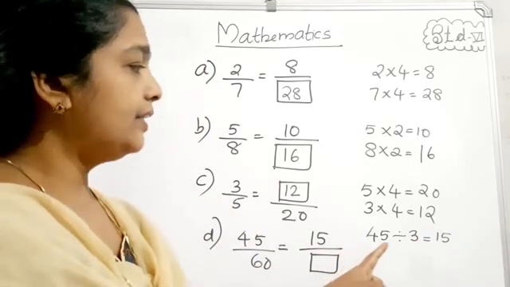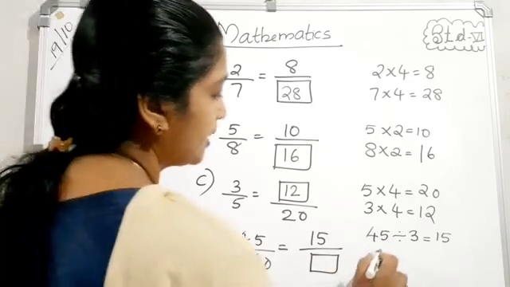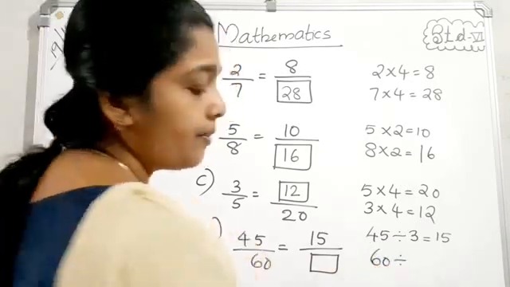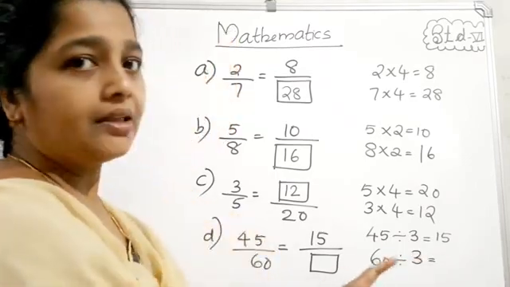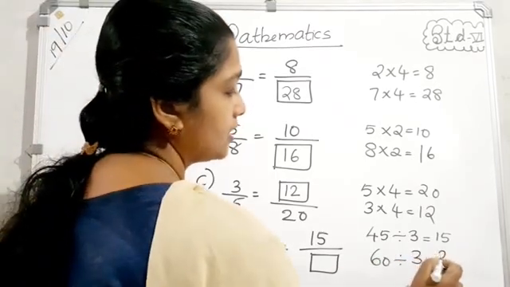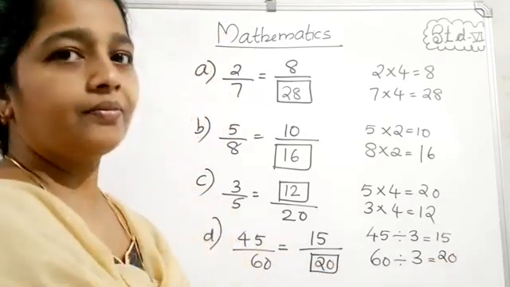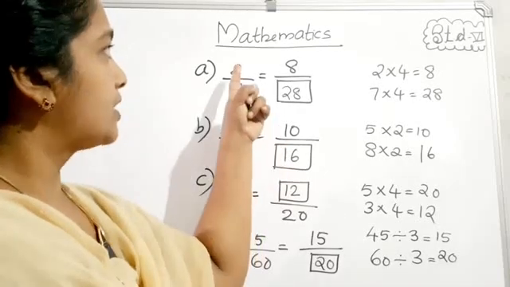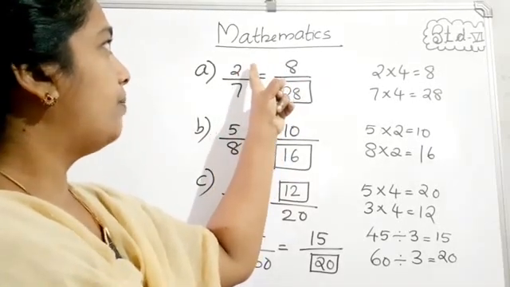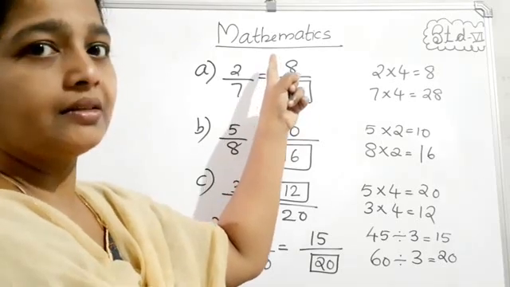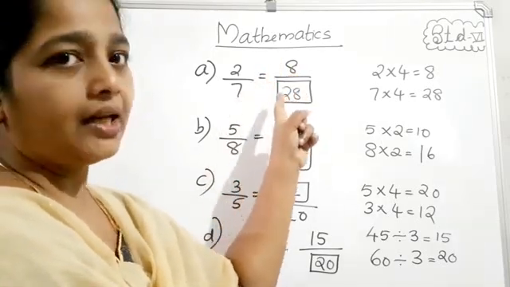Therefore, 60 divided by 3 equal 20. So the answer is 20. Very simple question. First you want to identify the factor here, which number is used to multiply. That number only you want to take and multiply here also.